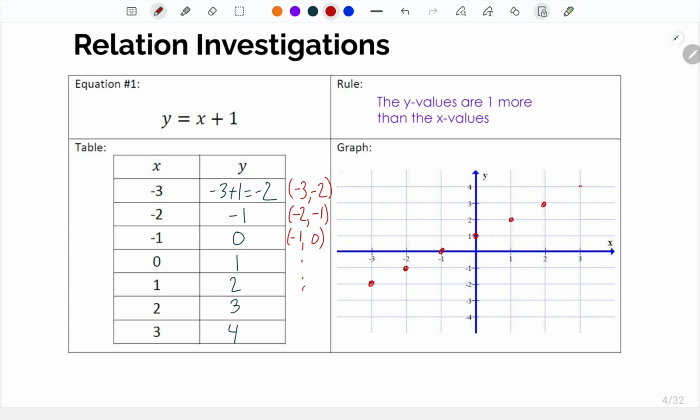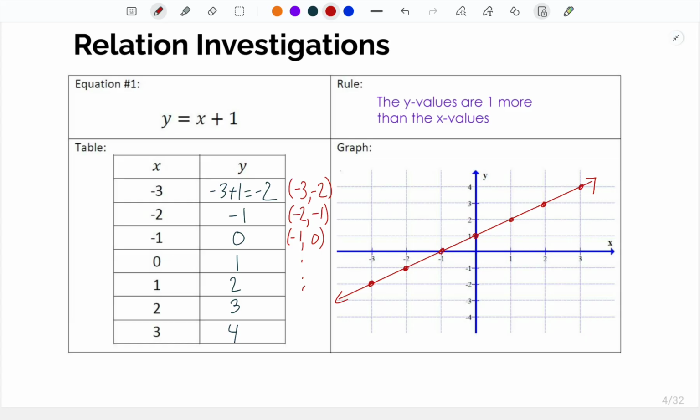And so we end up with something like this. So there's our line. Let's draw it with a straight line. So use a ruler if you have it. And then add arrows at the end, because this could keep going on forever in both the left and right direction. All right, so that's the expectation.